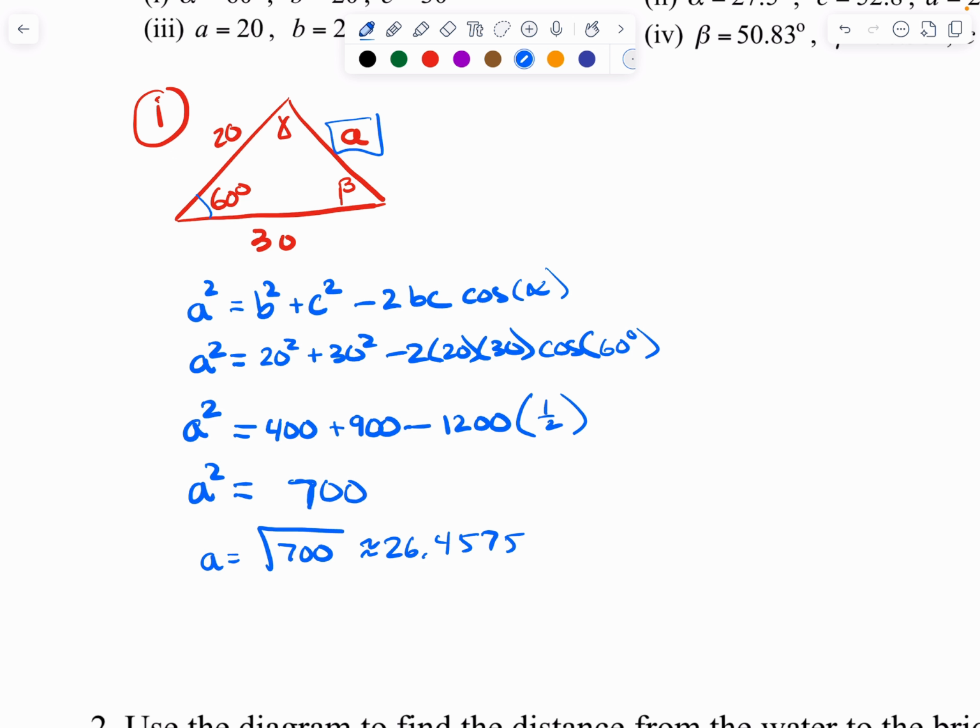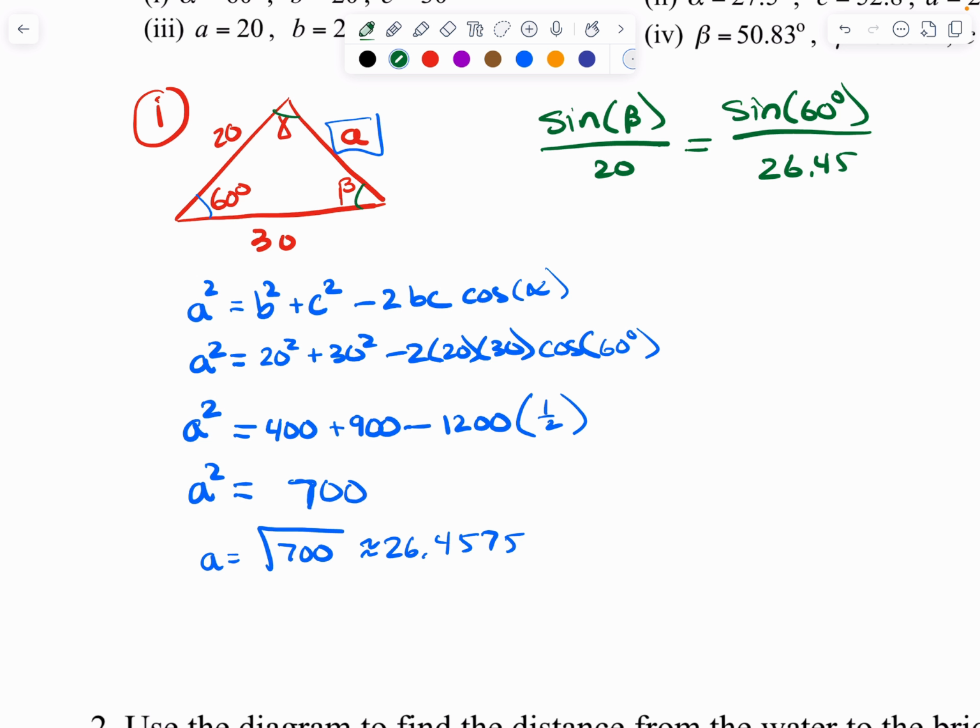My next chore is to compute either beta or gamma. Since I'm interested in beta, I'm going to use the law of sines now. Beta will be smaller than gamma because beta is opposite the smaller side. So sine of beta over 20 is equal to sine of 60 over 26.4575.